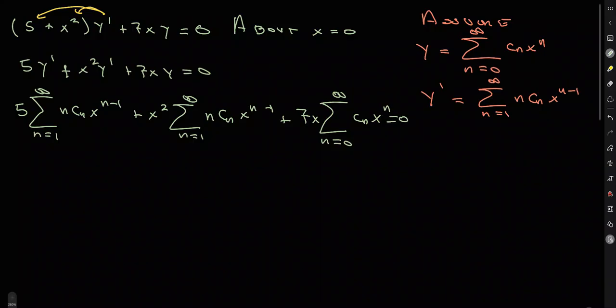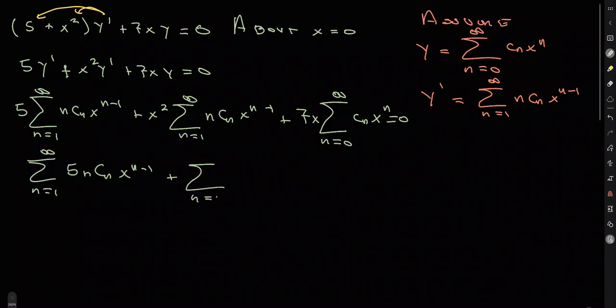All right? So, before combining the series into a single one, there's a couple of operations that we need to do. Introduce the 5 in the first series, the x squared in the second, and the 7x in the third one. That's going to leave us with sigma n equals 1 to infinity of 5n c sub n x to the n minus 1 plus sigma n equals 1 to infinity of n c sub n x to the n plus 1, because x to the n minus 1 times x squared, at the exponents, that's going to leave us with n plus 1.